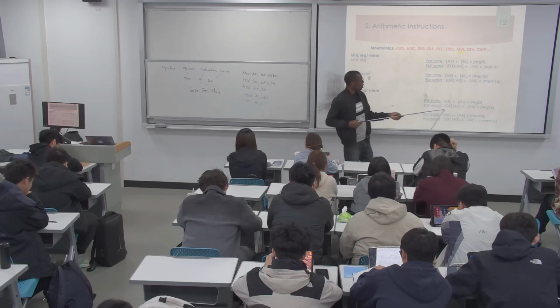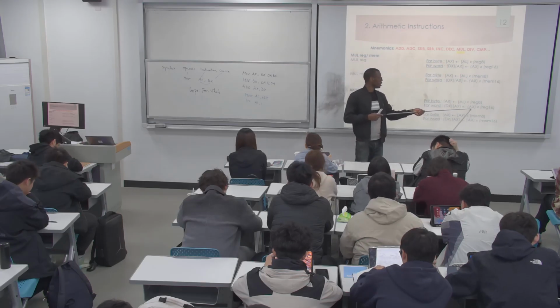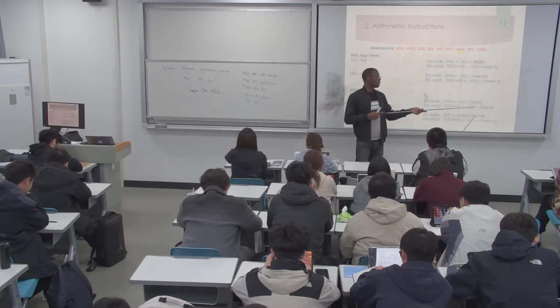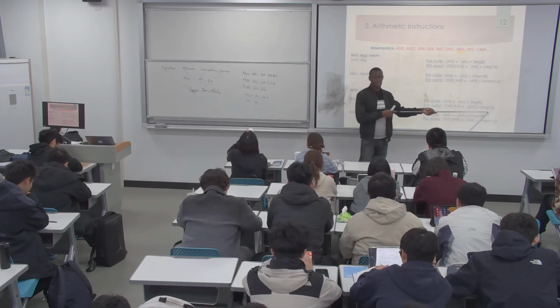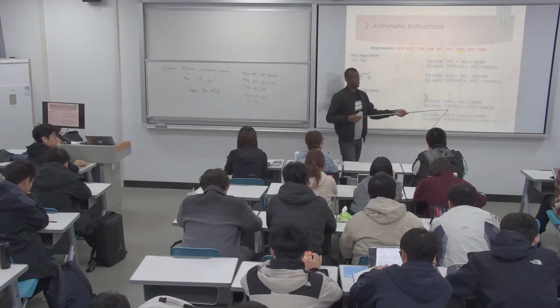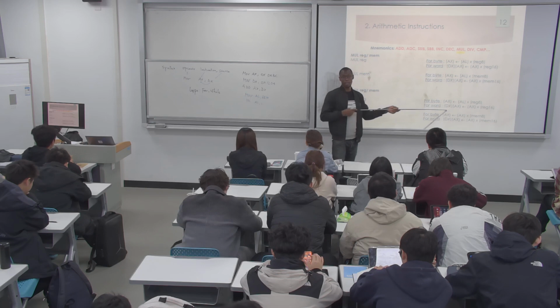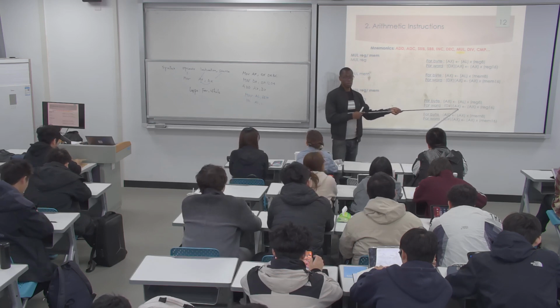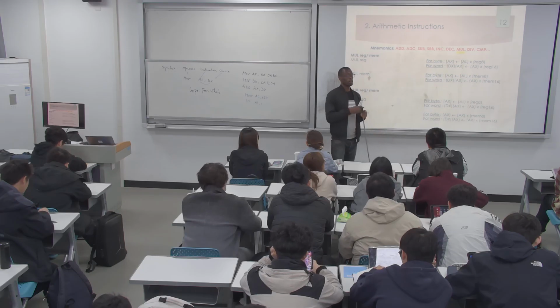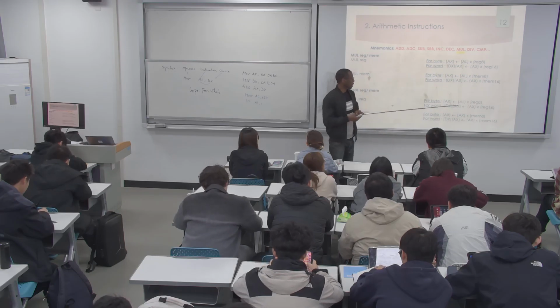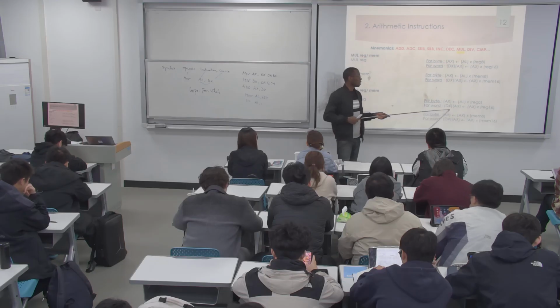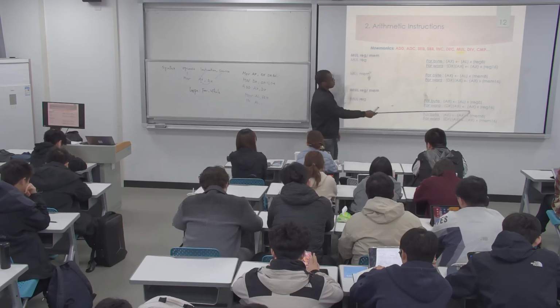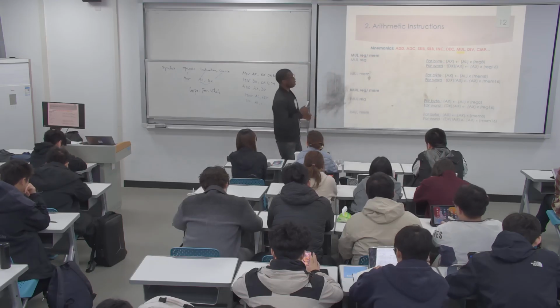Because here we may have bigger length data, if you are multiplying a 16-bit data and a 16-bit data, we may have to store the result in two different registers, data register and accumulator register, because the content might be longer than a word. So we need these two registers storing the result of the multiplication operation.